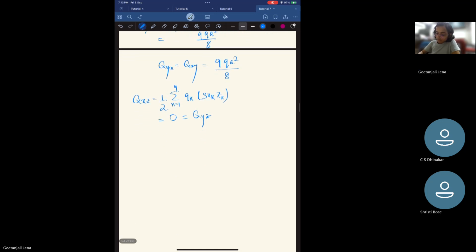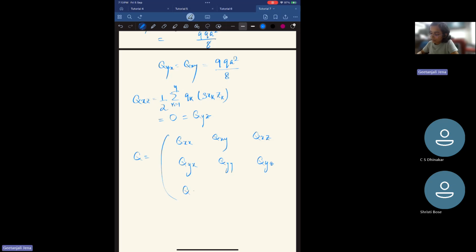Okay, so now you have the whole matrix: qxx, qxy, qxz, qyx, qyy, qyz, qzx, qzy, qzz.